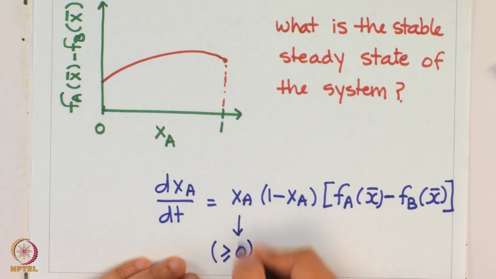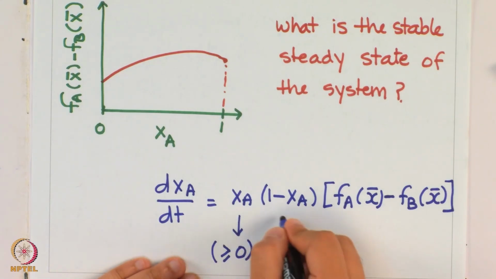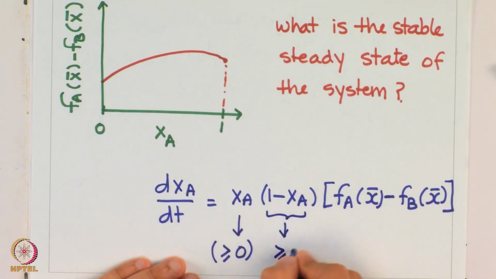This is equal to 0 when x A is equal to 0, but otherwise is always greater than 0. So, it is a positive quantity. 1 minus x A is an expression which is always greater than or equal to 0, because by definition x A cannot exceed 1. So, 1 minus x A is equal to 0 when x A is equal to 1, but is otherwise between 0 and 1 and is always positive.